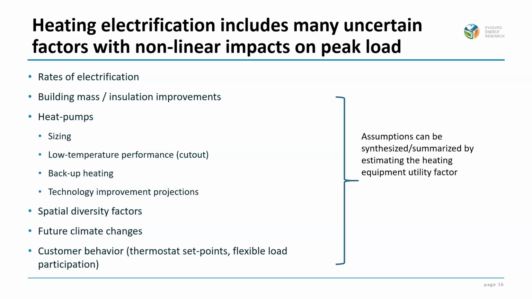So I've talked a bit about the rates of electrification in the forecasting and backcasting approach, but the other bullet points here all relate to different aspects of either the building, the heat pump technology itself, or some of the climatic conditions, whether it's spatial diversity factors or future climate change, that all need to be taken together to project these types of future impacts.